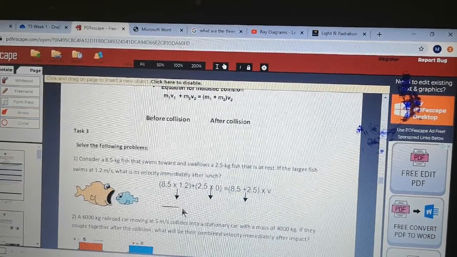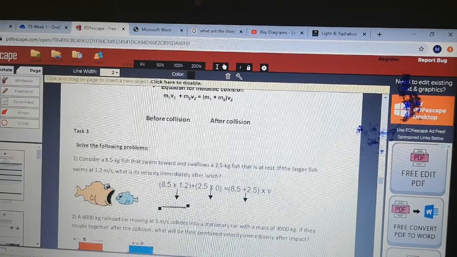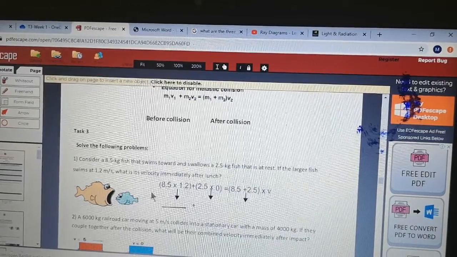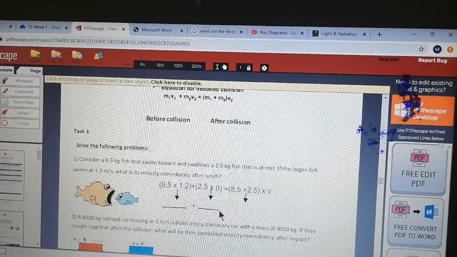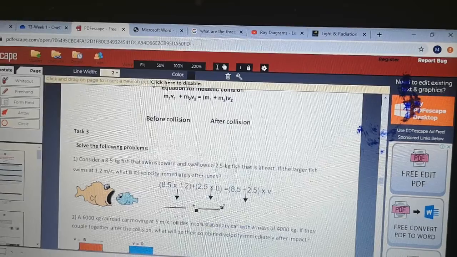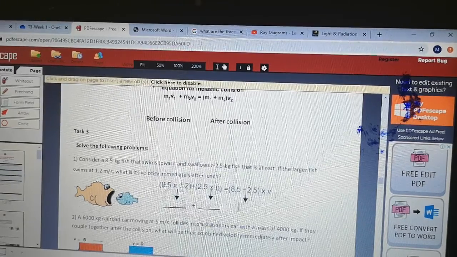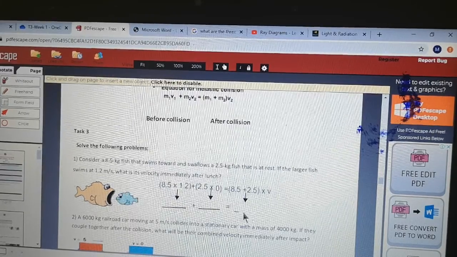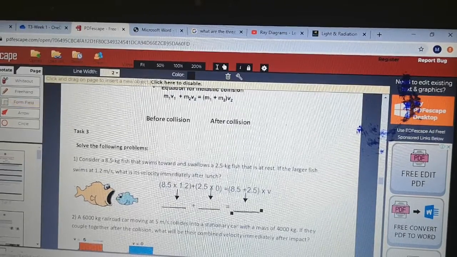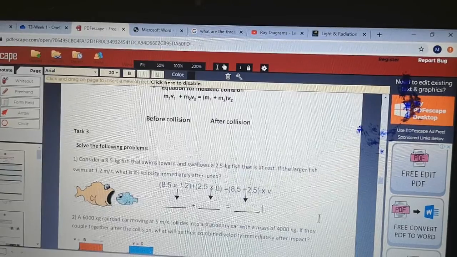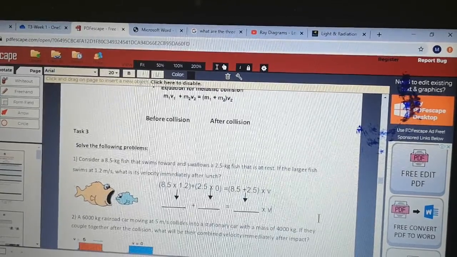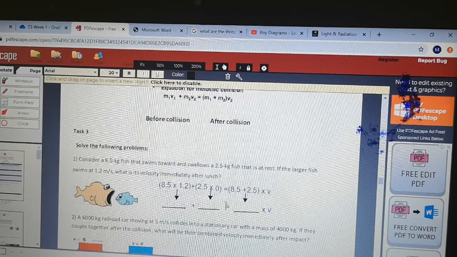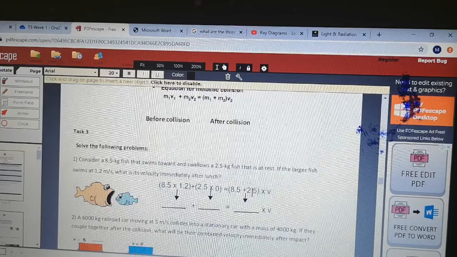So you'll end up with whatever that answer is, plus whatever the other answer is, equals 8.5 plus 2.5, whatever that is, times V. So then you plus those two numbers together and you do the same method as the final step before.